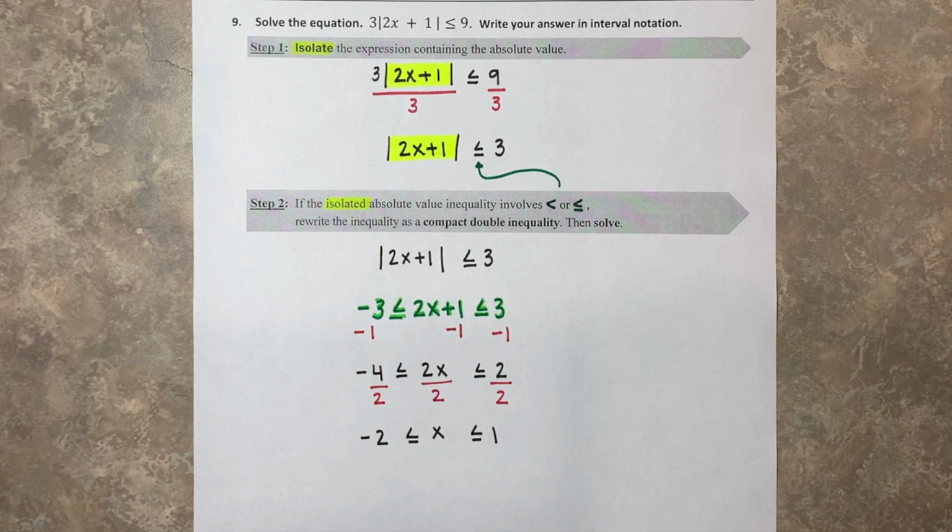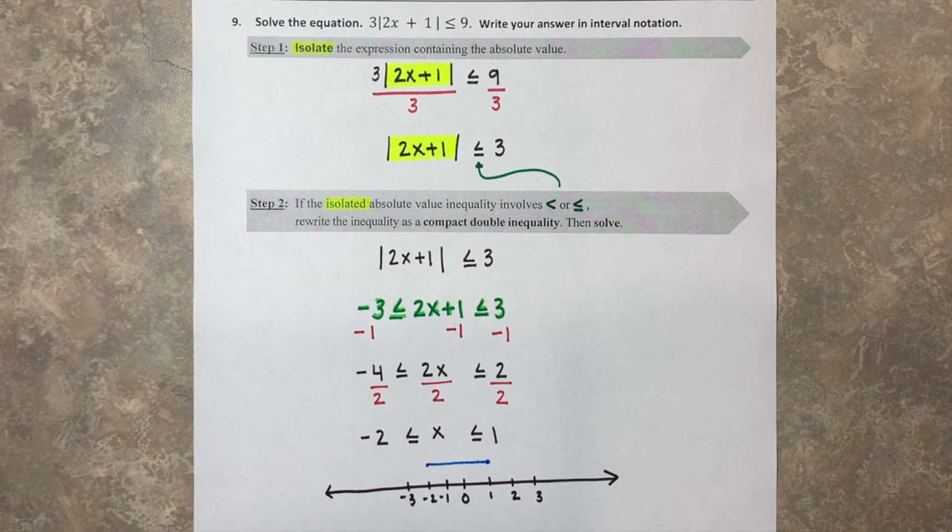If you're asked to write your final answer in interval notation, you might find it helpful to graph this on the number line. This means that x is between negative 2 and 1. So let's find negative 2 on the number line, and I'm just going to put a dot there for now. And we'll find 1 on the number line. And x is between negative 2 and 1, so x can be any number along this line.